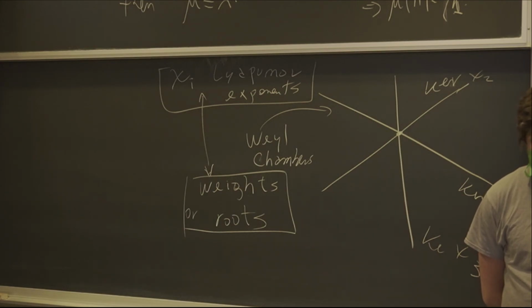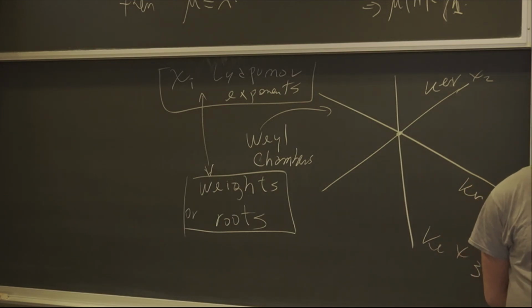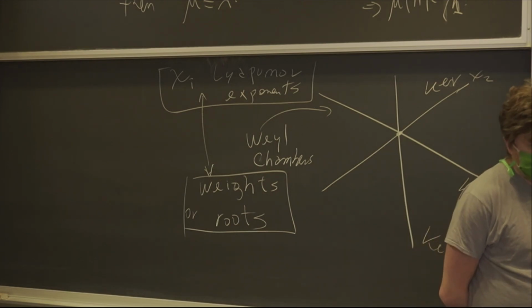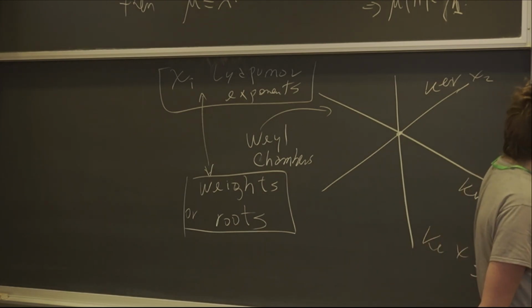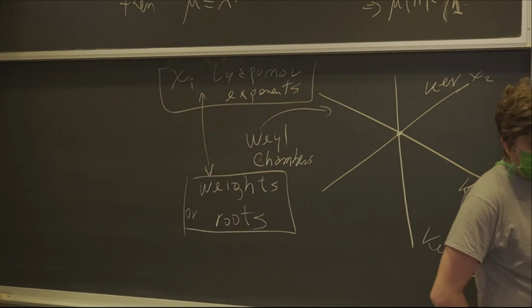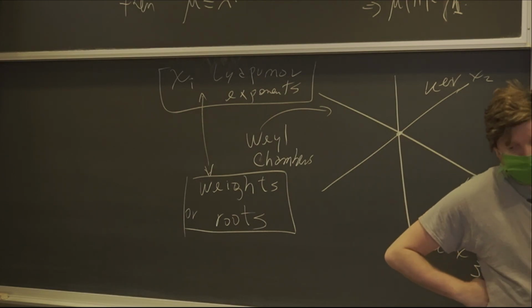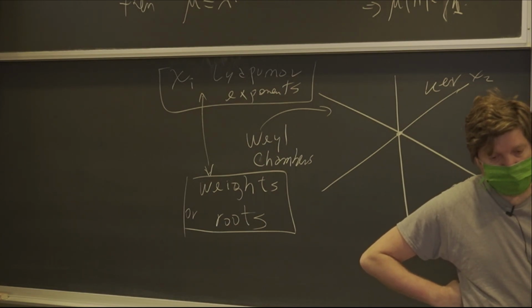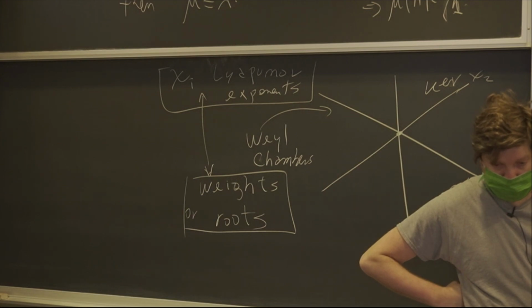This will correspond typically to weights of the corresponding representation. So here we should be thinking of these A and B matrices as being a representation of C squared on R3, and this would be the weights of the representation.